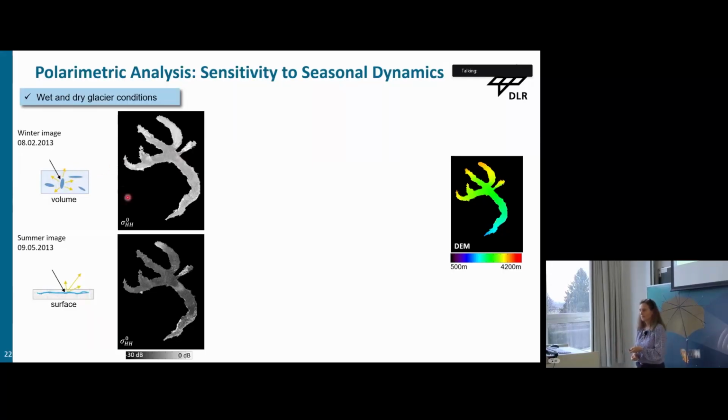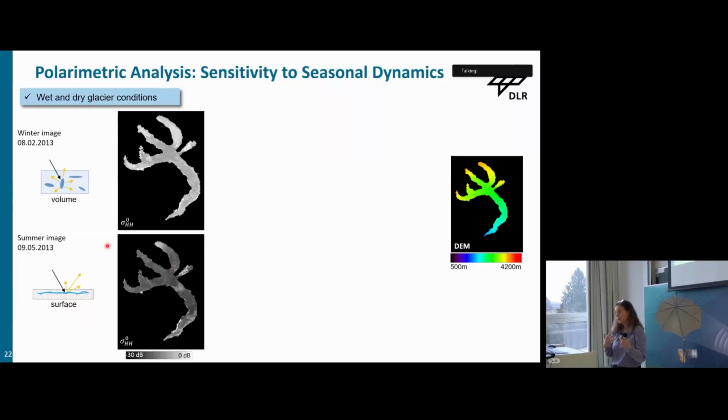And in summer melting, the upper part is melting, so you have a small thin water layer on top. What is happening here is you have a lot of forward scattering, so away from the sensor. Therefore very low signal comes back to the sensor, and so you have this dark appearance of it.